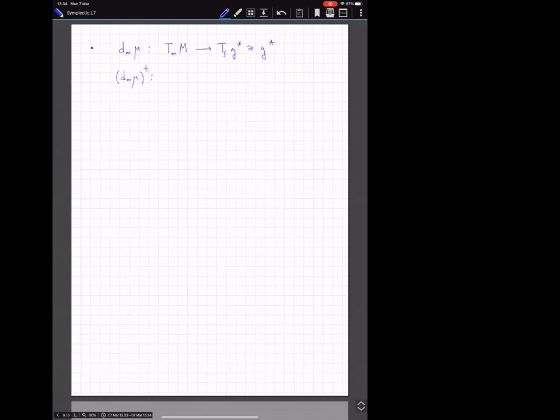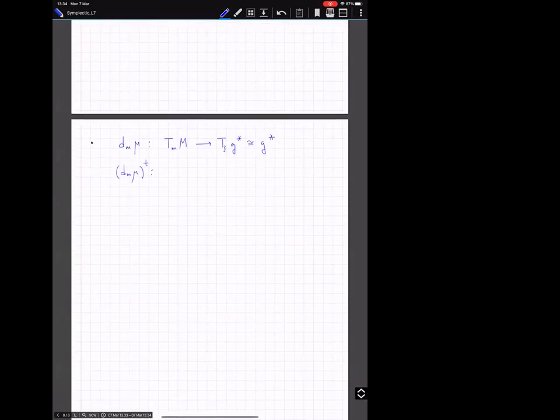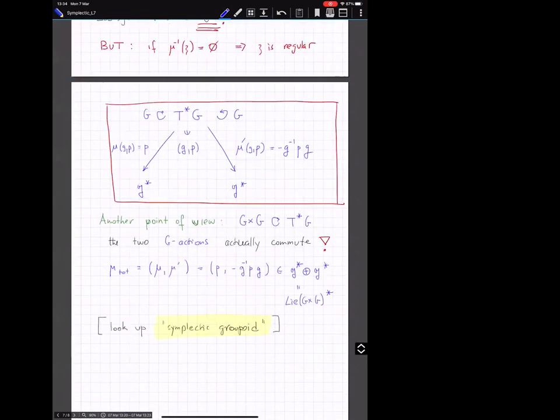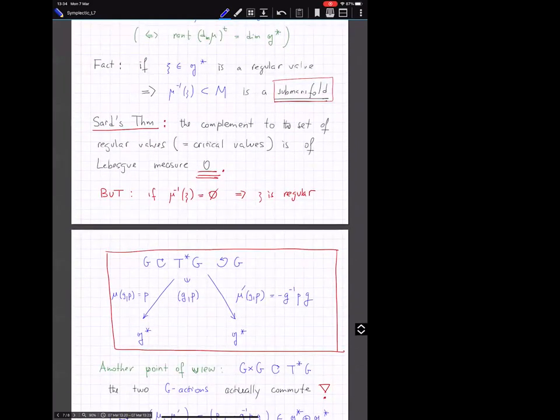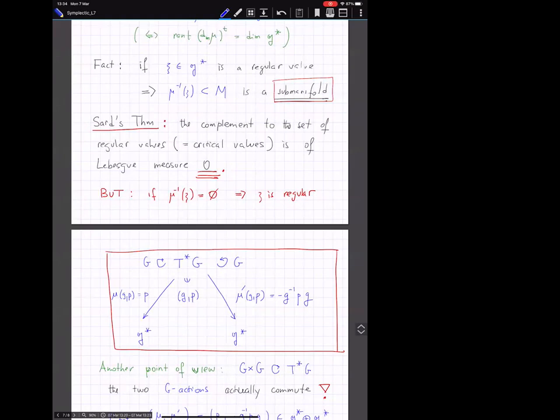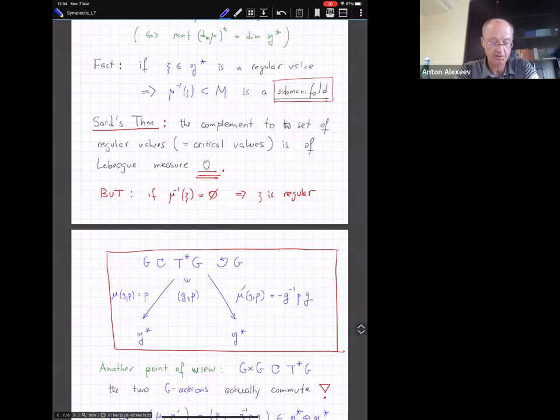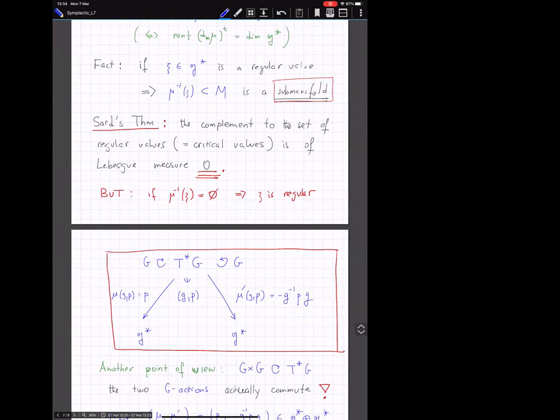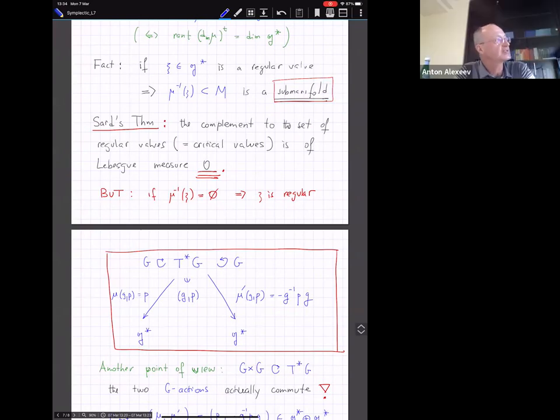Excuse me, may I ask a question? Sure, go ahead. So you formulate it like this, but it means that the set of regular values can be dense. If you use the Lebesgue measure, but for example, Q is everywhere dense and has Lebesgue measure 0. Yeah, it's usually stated like that with Lebesgue measure.